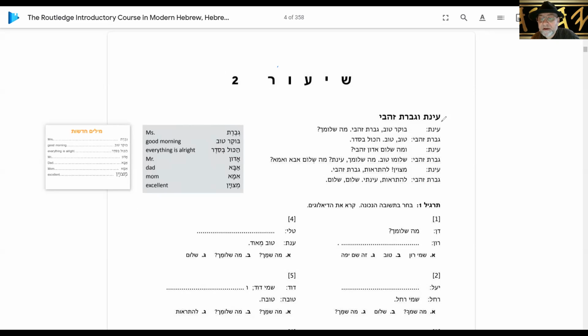We have Einat. This would be the name of a student probably. Va, and so this would be like "and." Geveret, and we know that Geveret is Mrs. Zahavi.